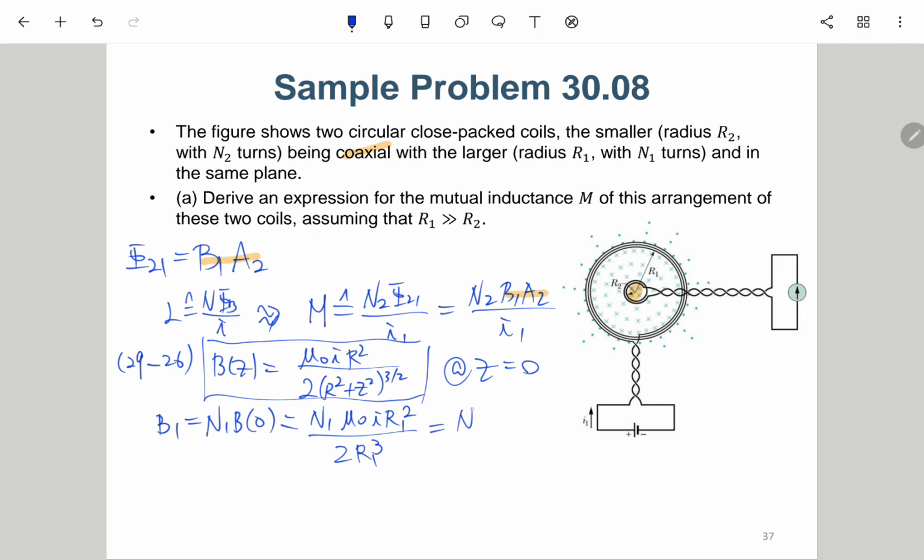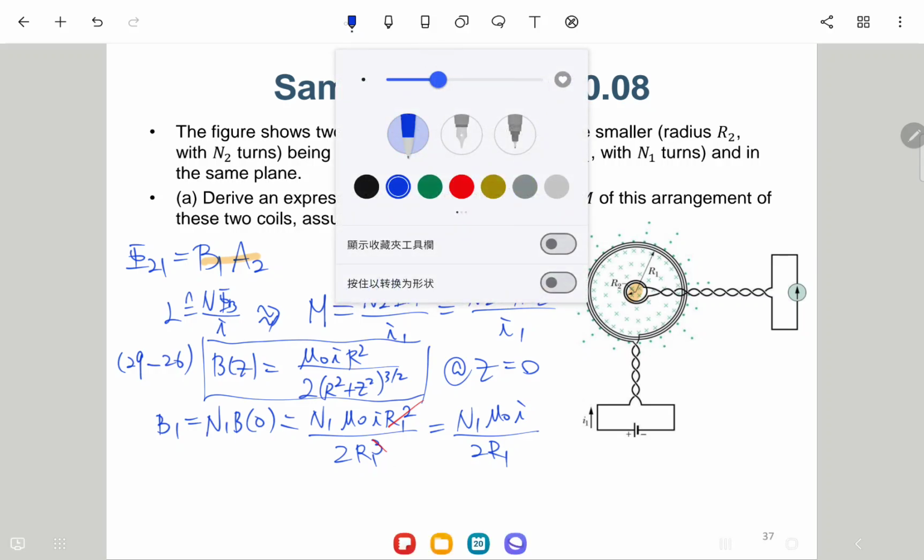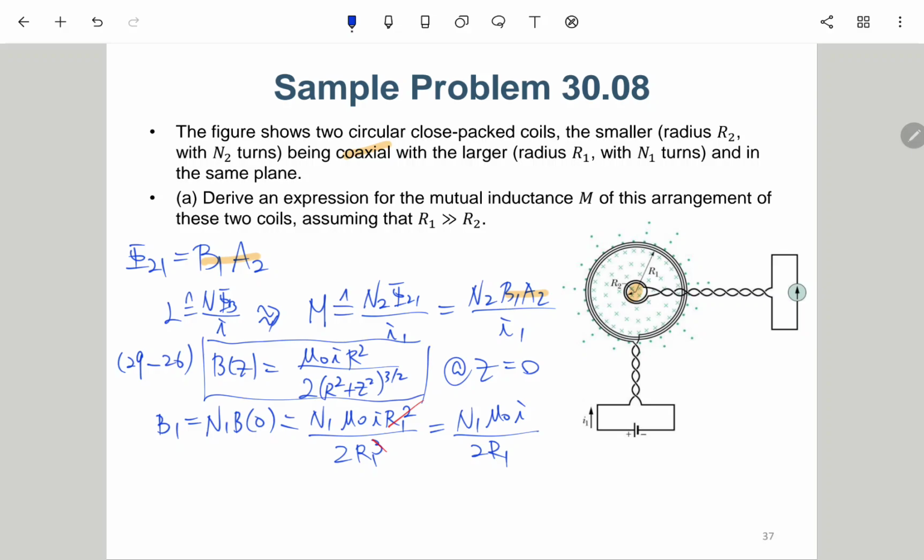So it turns out to be N1 mu 0 I and then over 2 R1, because this R1 square and R1 cube can be partly cancelled. So this is B1. Okay, so here we get the expression of B1, so we can plug it to here with this expression.